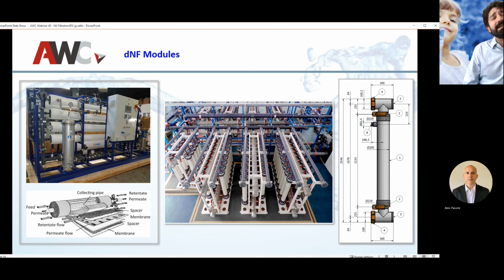On the right is our module, and a diagram of our module. This is what we actually call our IRD module, which is an integrated rack design module. You can see it includes a header piece on the top and bottom, the element, which is labeled number 1 there, and Vitaulics to connect the headers on the top and bottom. And then to the left of that, you'll see a plant that is actually operating to this day.